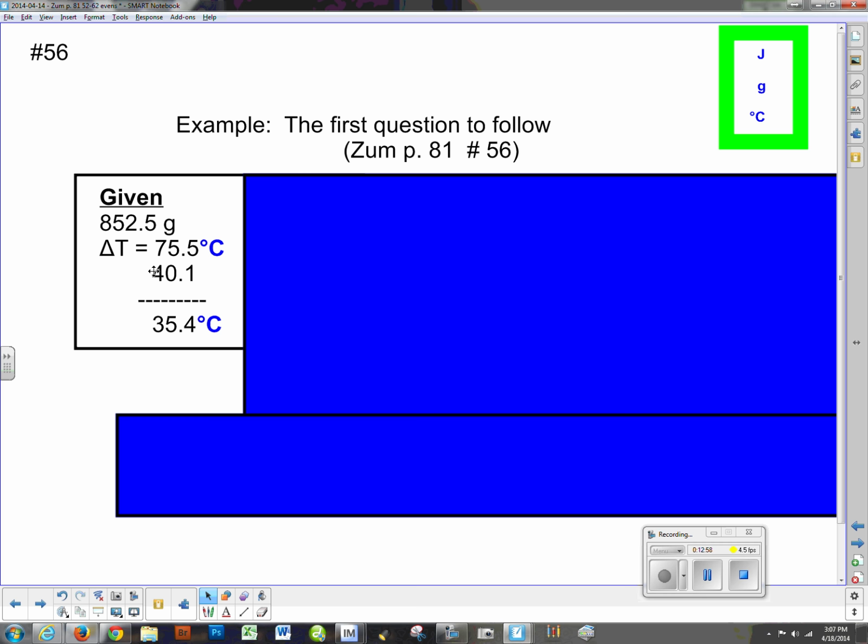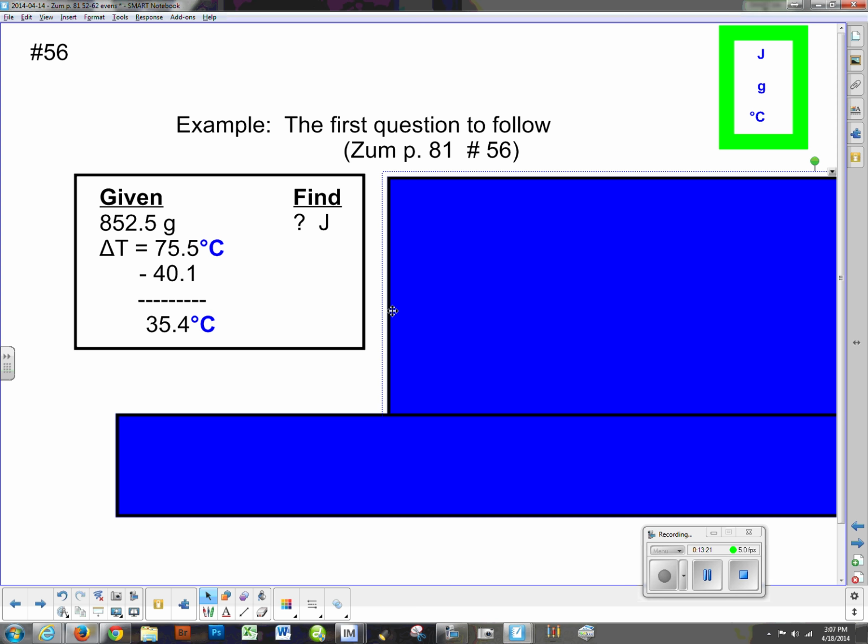And when we subtract them out, this should have a minus, and let's get this over a little. There we go. And the 35 should probably be over just a hair. All right. So, what does our find have to be, William? Very good. It is in joules. All right. And this time we don't have to worry about the kilojoule conversion, do we?